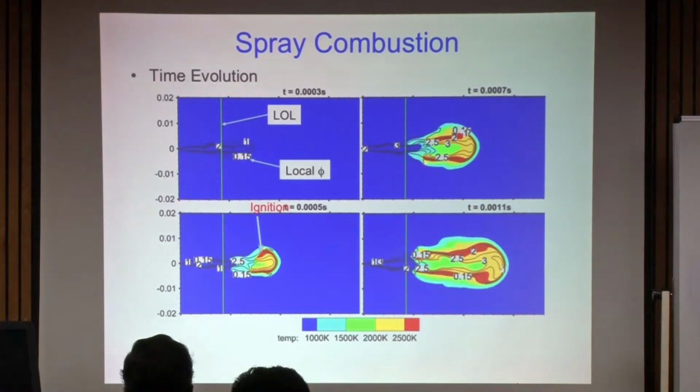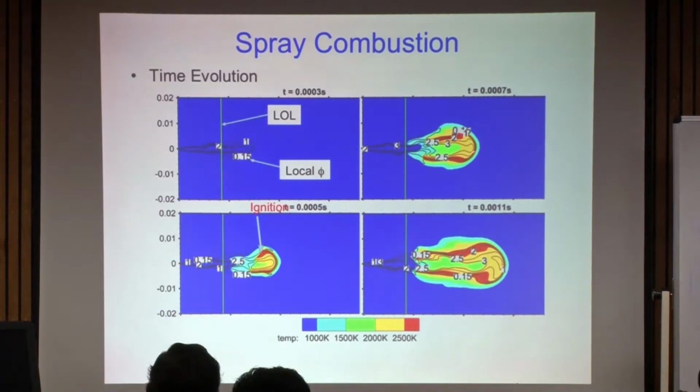And then from ignition, a flame is formed in the spray. Of course, this flame expands as you inject more fuel. This is at 1 millisecond. This calculation is over 1 millisecond, because there are a lot of steps. Basically, these are the temperature contours and then equivalence ratio contours.